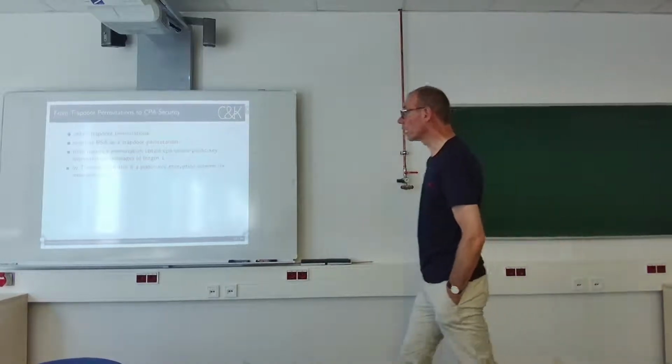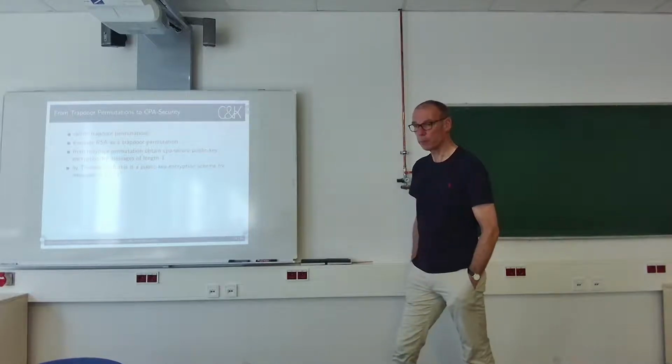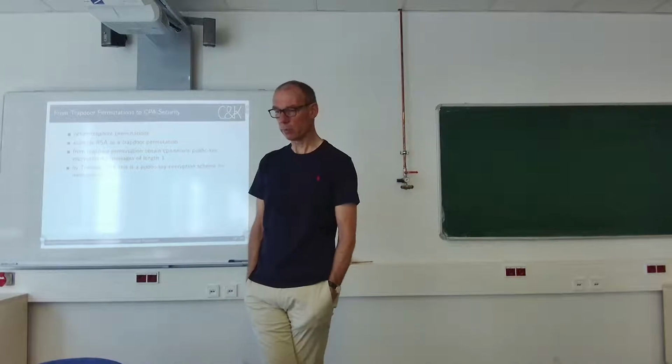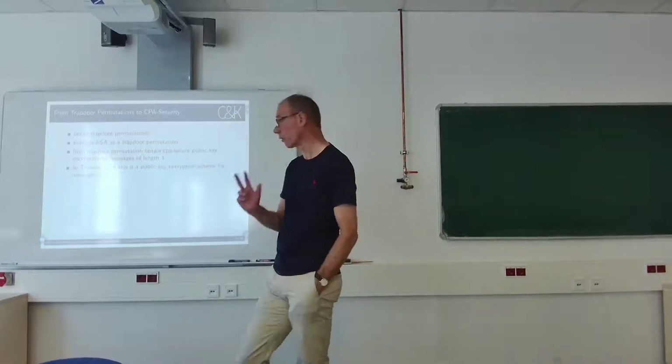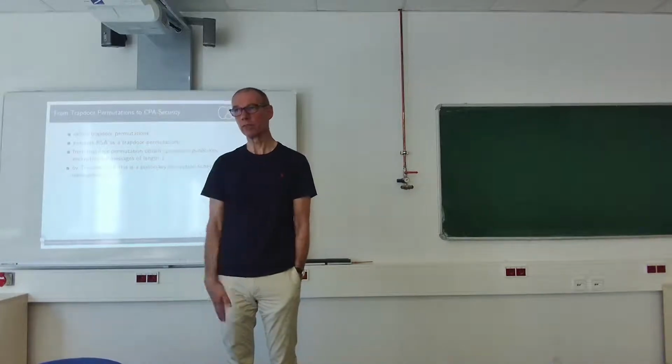But we may use it as a trapdoor permutation. And from trapdoor permutations, we obtain CPA-secure public key encryption for messages of length 1. And then we apply theorem 10.6 and we're done. So we just want to encrypt one bit.